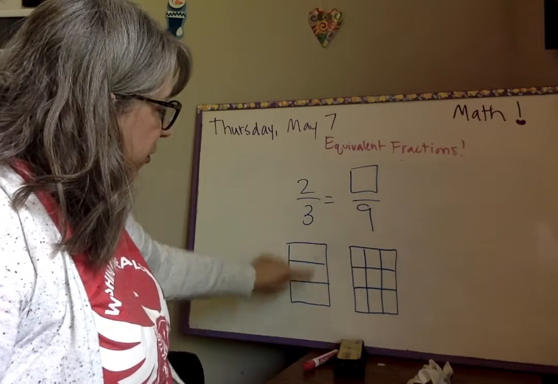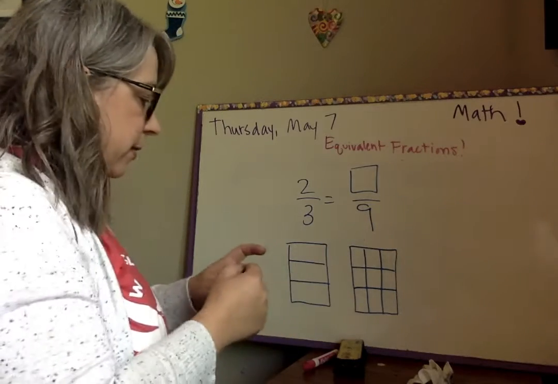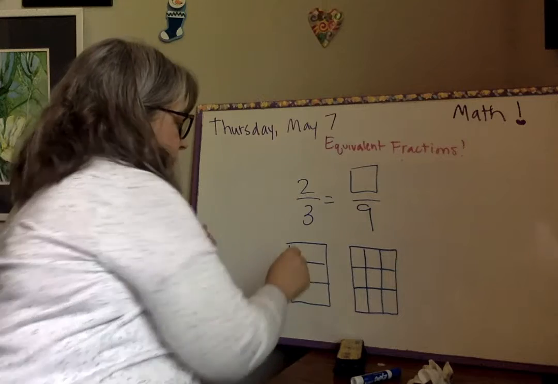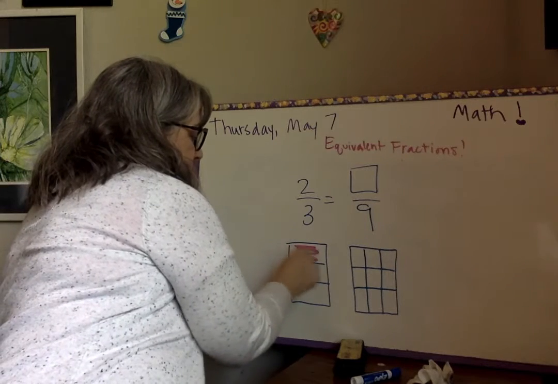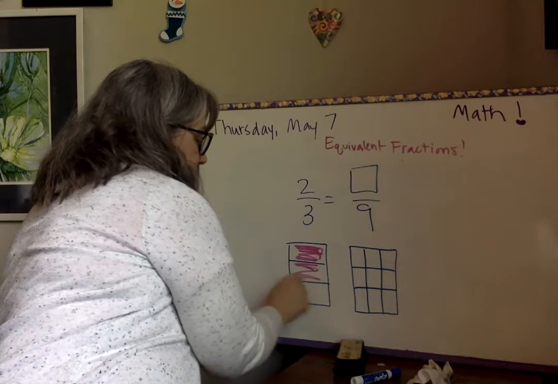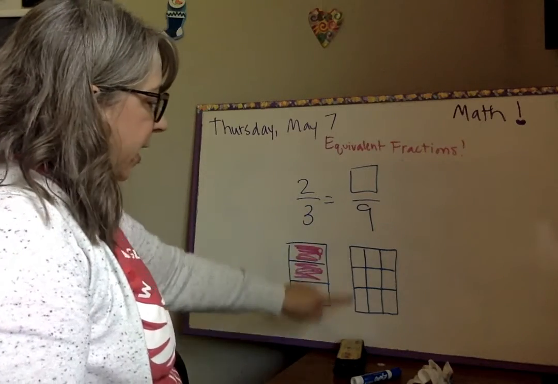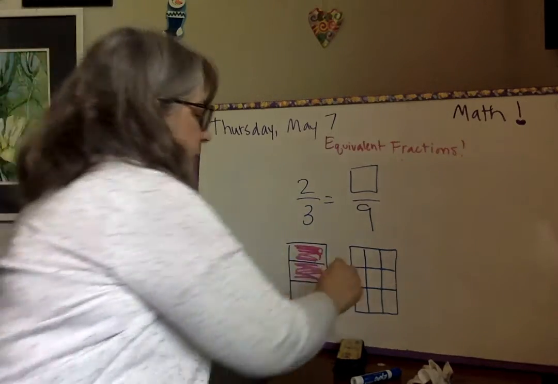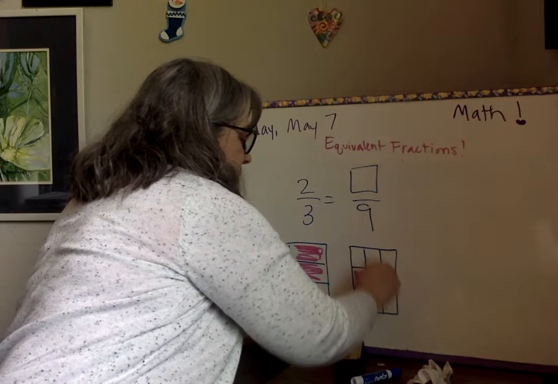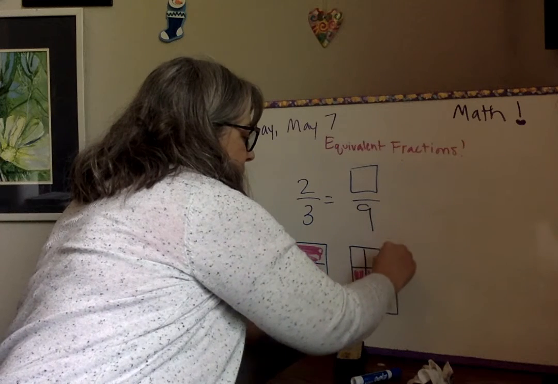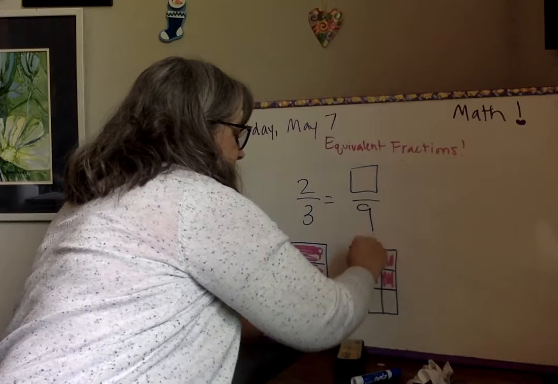So here's our 3. Here's our 9. Let's shade in our 2. So here's our 2 thirds. Here's our 2 thirds. Well, how many are we going to shade in to make this look like that? Let's start shading. 1, 2, 3, 4, 5, 6.